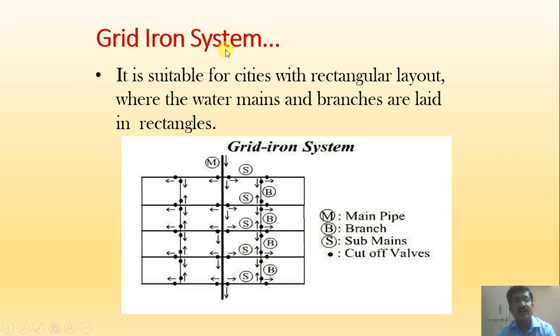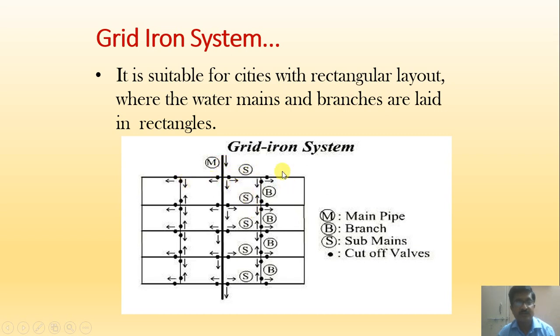Then the next one is the gridiron system. It is suitable for cities with a rectangular layout where the water mains and the branches are laid in rectangles. When a typical pattern of roads is present, in such cases the gridiron system can be used. You can see here the main pipeline, and transverse to that you can find the branches.